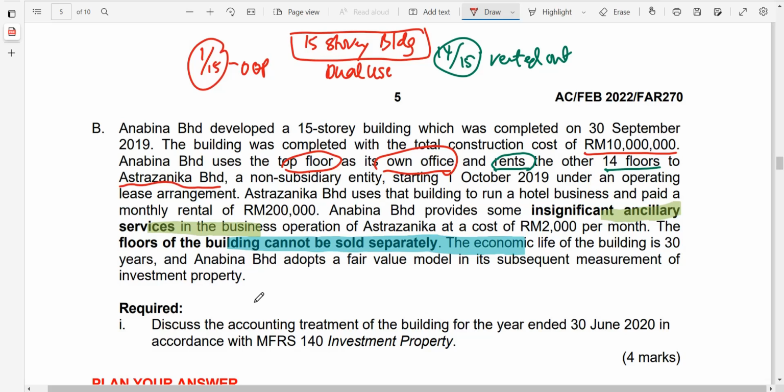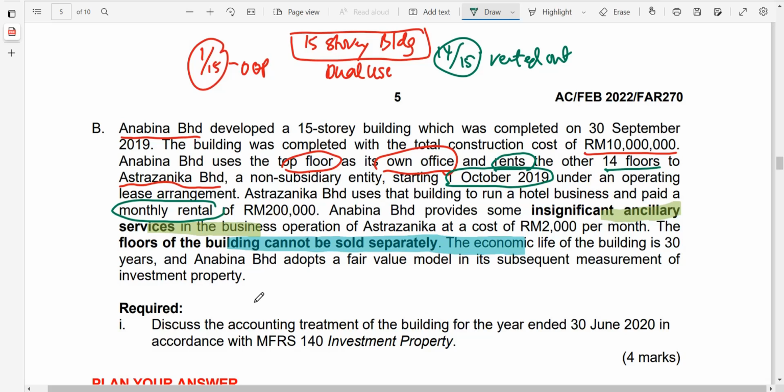You are Anabina, a non-statutory entity, and starting from 1st October, the initial recognition date of the building should be 1st October 2019. AstraZeneca uses the building to run a hotel business and pays a monthly rental of 200,000. This monthly rental of 200,000 is paid by the tenant to the reporting entity, Anabina.